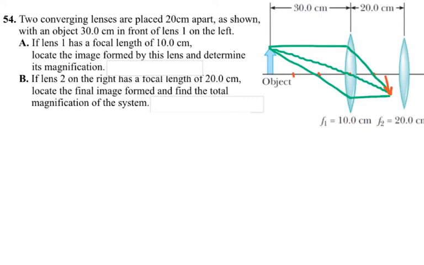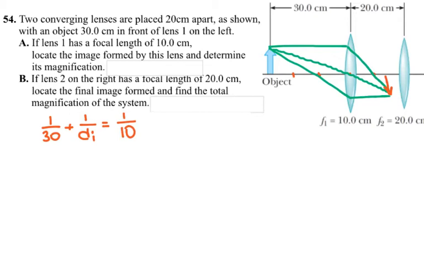And for calculations, we have 1 over the distance to the object, which is 30 centimeters, plus 1 over the distance to the image we are calculating, equals 1 over the focal length for the first lens, which is 10.